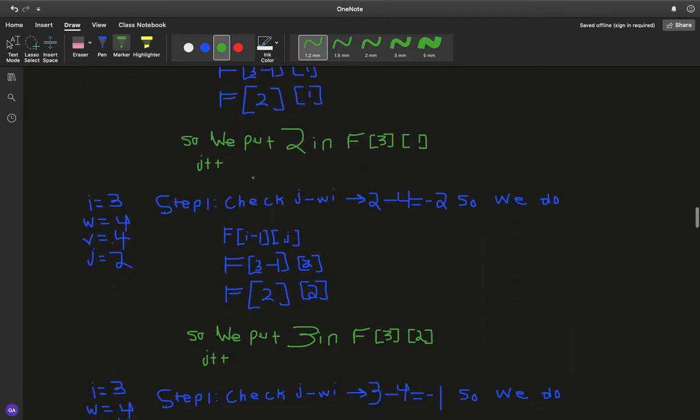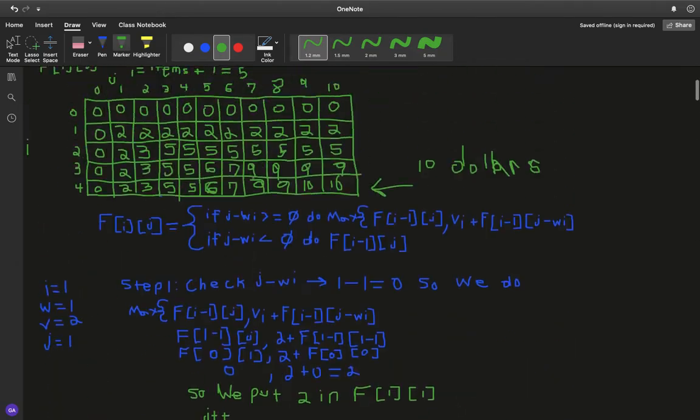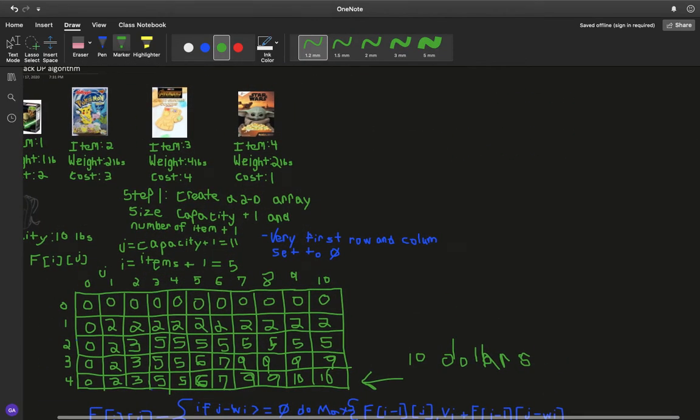And we increment j, we check again, j is now 2, 2 minus the weight is 2 minus 4, now we still get a negative number of negative 2. Negative 2 is still less than 0, so we do f sub i minus 1, f sub 3 minus 1, which is f sub 2, and j is 2, so we check f sub 2 of 2, which I'll just show you, f sub 2 of 2 is 3.